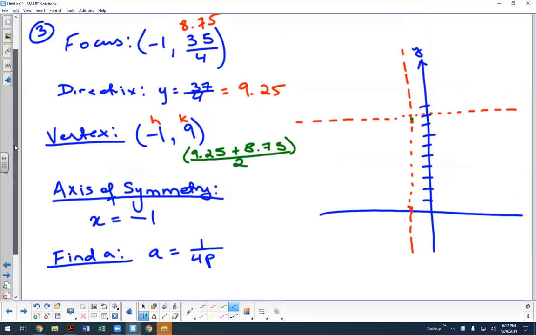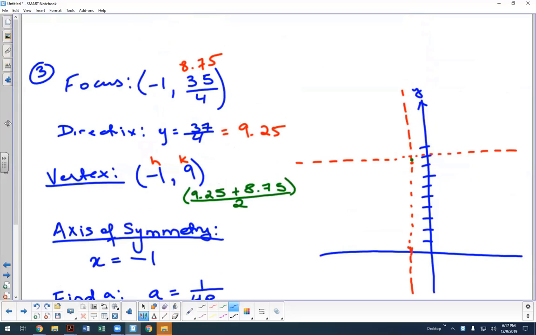Because that's how far away our vertex is from the focus, or from the directrix. So remember, p is the difference from vertex to focus, in terms of the y value, or the distance between the vertex and the directrix. So here our p value, you can see, is 1/4 or 0.25.